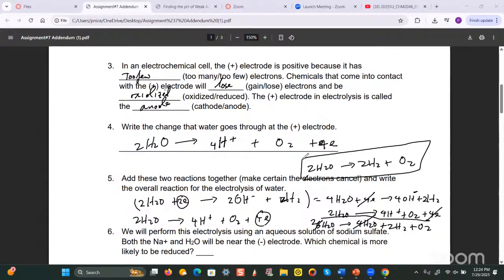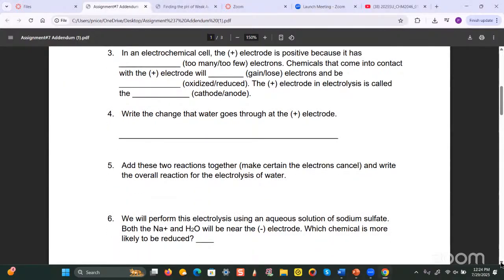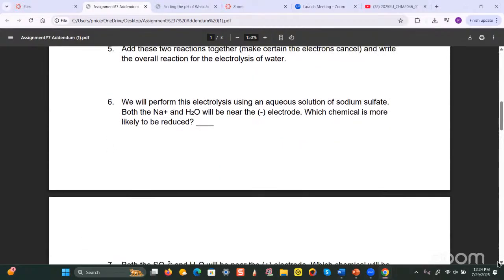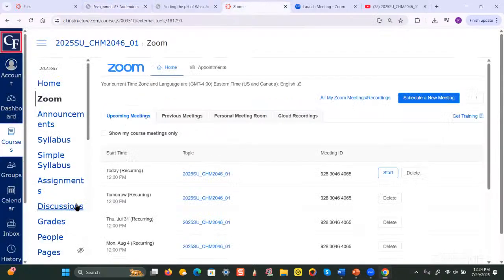Okay, any questions about this? No questions? All right, let me clear this and continue scrolling below. Now for this one, and I should have done this earlier, we're going to need that table. Let me see if I can bring it on the screen.